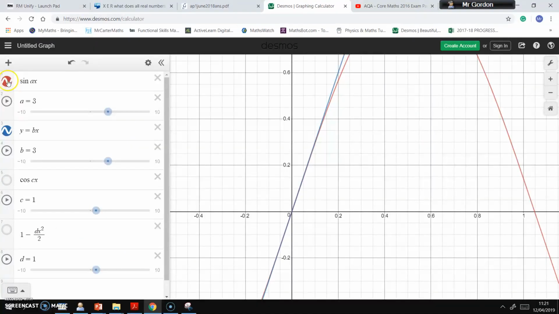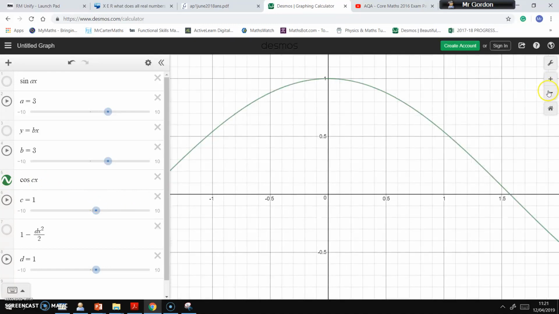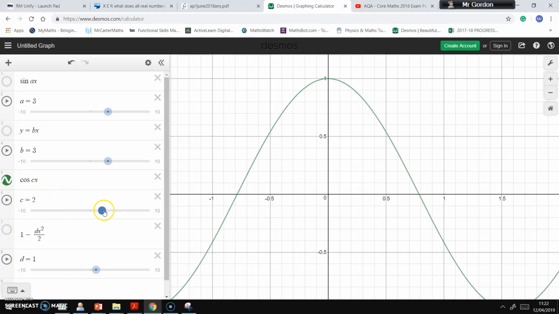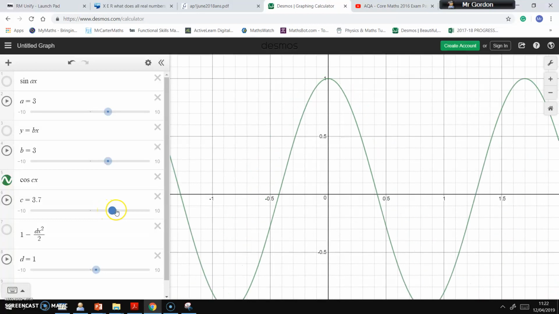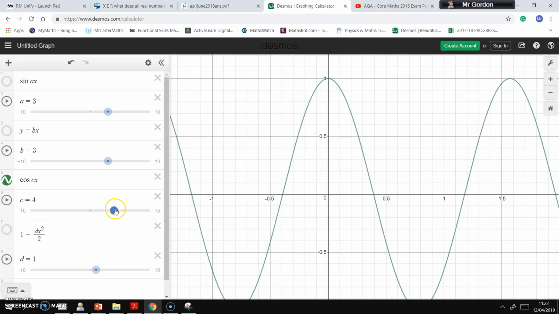I'll turn these two off. Let's get rid of the sine curve and the y equals x. Let's look at the cos curve. I'm going to zoom out a little bit. We've got cos 4x, so I'll put that c value up to 4. So this is what the curve looks like. It's all to do with graph transformations, these relationships.